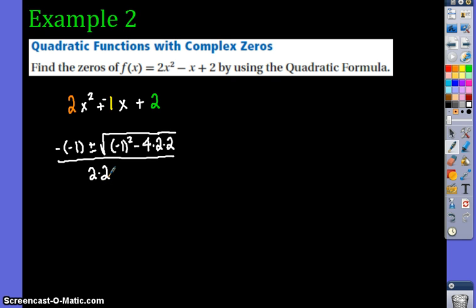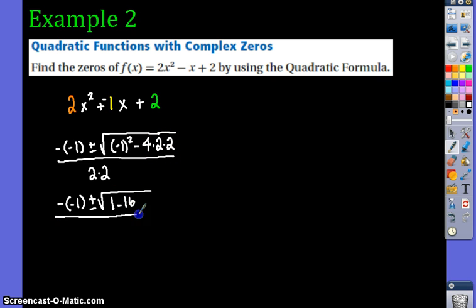Okay, so again, we want to work on the information under the radical first. So we have the opposite of negative 1 plus or minus the square root of a negative 1 squared would be positive 1 minus, and then since multiplication is next, we could do all this at once. 4 times 2 is 8, times 2 is 16.